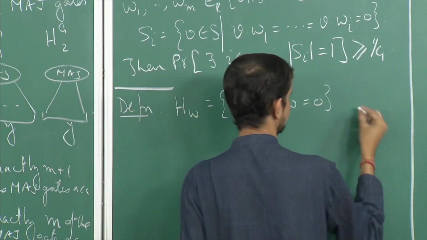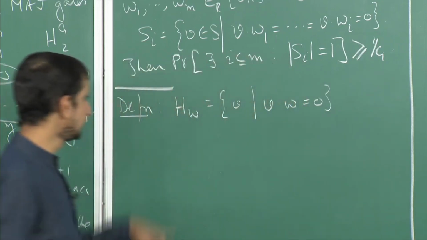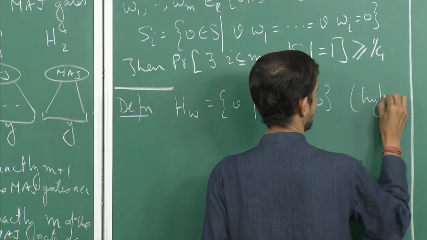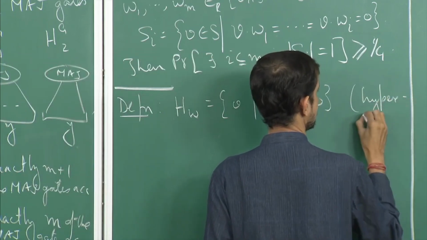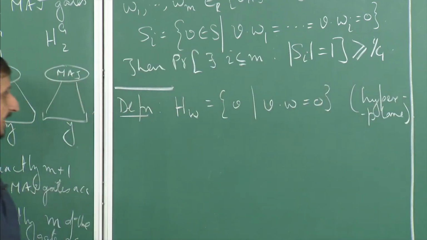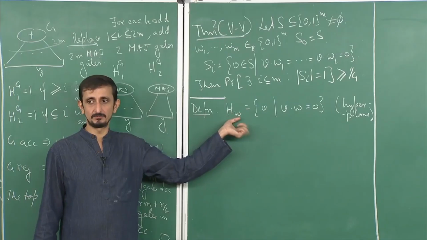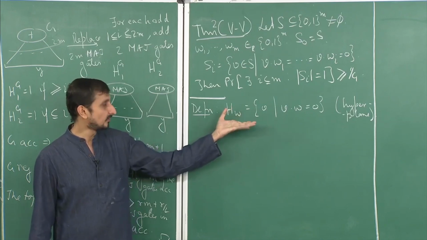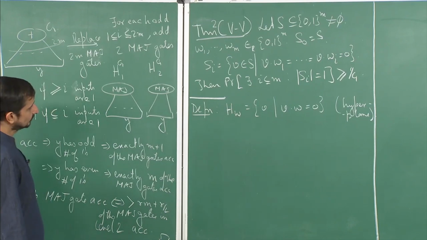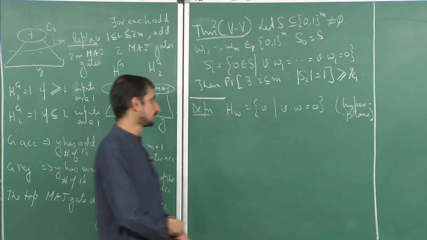This is also called the hyperplane corresponding to W. And it is easy to see that this is actually a subspace as well, a vector space. If I look at the set of all vectors, then this is a subspace of that space.